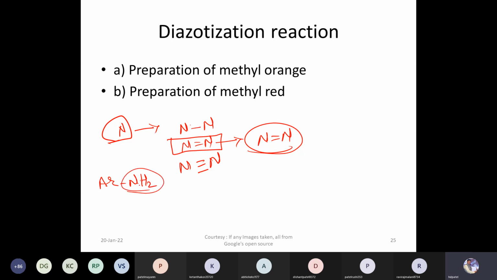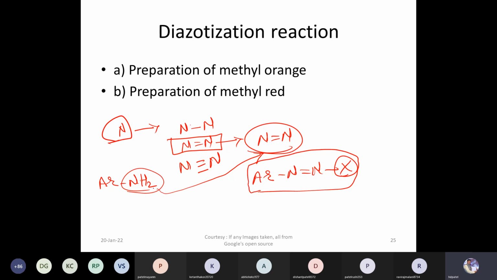If you have a primary amine, and that amine should be aromatic in nature, then only we will get a stable diazonium compound, meaning Ar N double bond N X. This X may be Cl, HSO4 minus or any other group. But this can be synthesized from aromatic amine only.